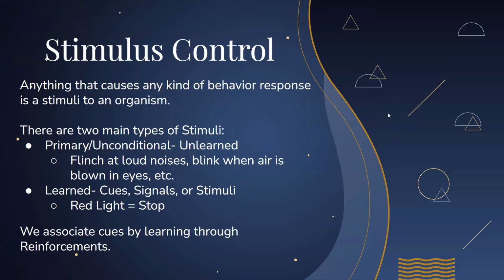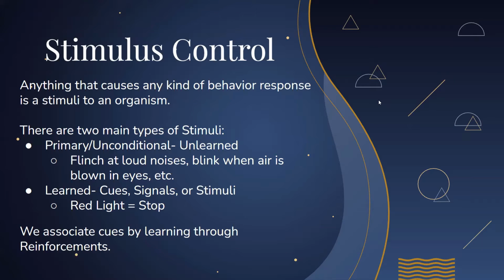What is stimulus control? Well, it's any kind of behavioral response from a stimulus to an organism. Basically, there are two main types of stimuli that we are keen to. There is the primary and unconditional one, which is the unlearned ones. These are ones that we are usually born with, such as loud sounds making us flinch, blinking when air is in our eyes.